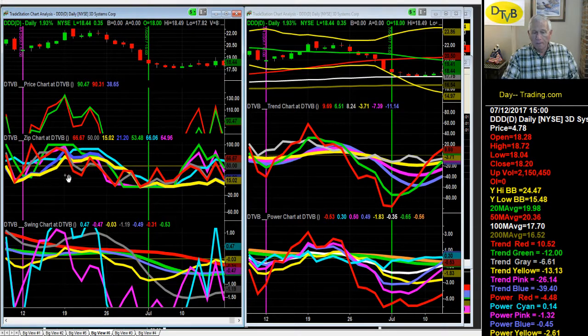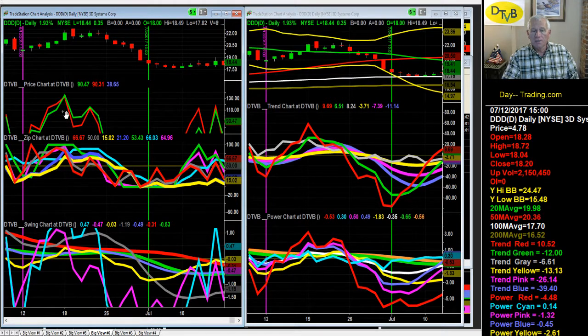So from the perspective of where the line ends up, on the day that this peak occurs, yellow and blue are under zip red and gray, which is typically where they end up. Okay, so again, we're dealing with location.